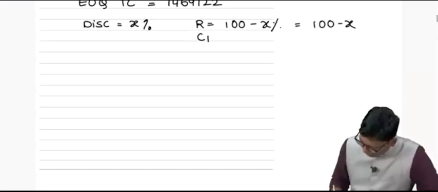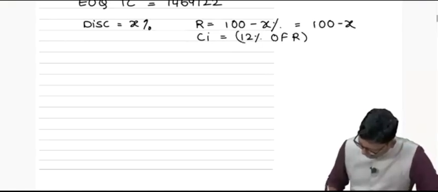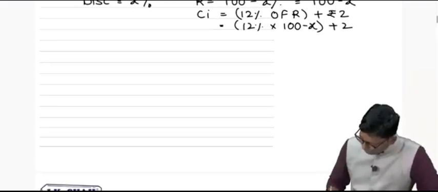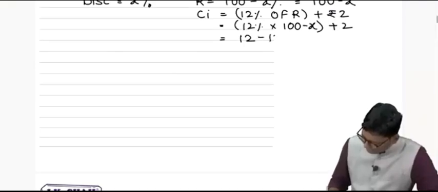Because of the change in purchase price, your carrying cost will change. Your carrying cost will be 12% of rate, and in that you should add 2 rupees. So it will be 12% of rate. Your rate is 100 minus X, and in this you should add 2. When you solve this, you will get 12 minus 0.12X plus 2.